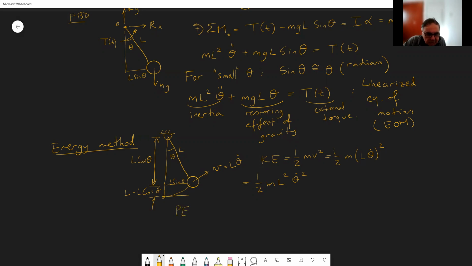Okay. All right. The potential energy. For the potential energy, you need a datum. You assume that the potential energy is 0 at this level. So anything above it is positive. So the potential energy is, well, when you are at this position, your mass is this much distance above, it is mgh, so this is h, mgL times 1 minus cosine theta.